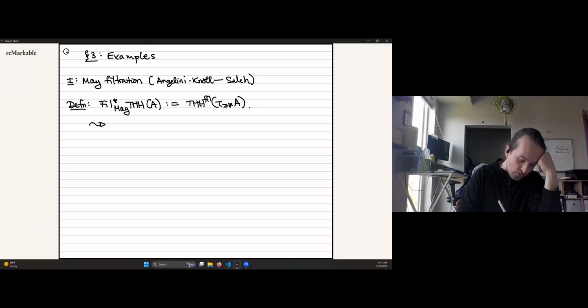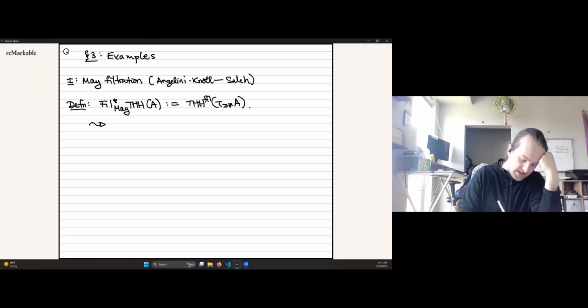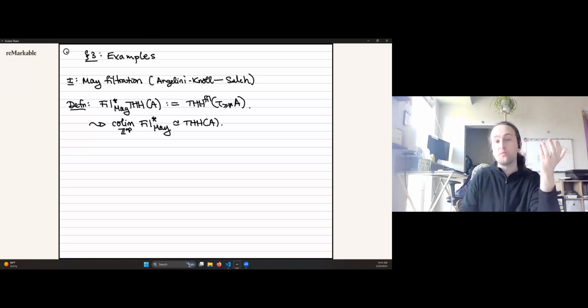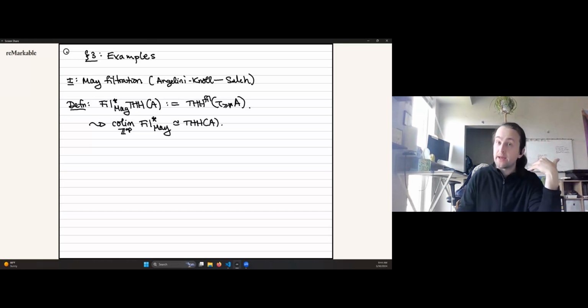We know right away that the colimit over this May filtration, the underlying spectrum, is given by THH of A, essentially because we know that the underlying spectrum of the Whitehead tower of any ring spectrum A is the ring spectrum A.